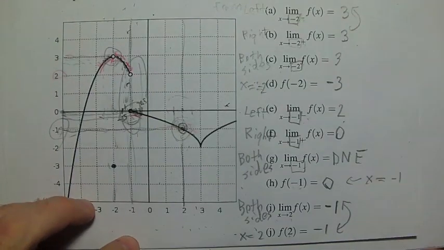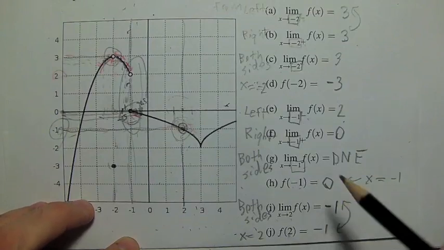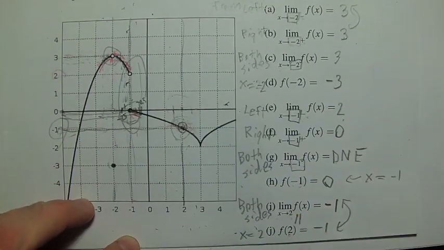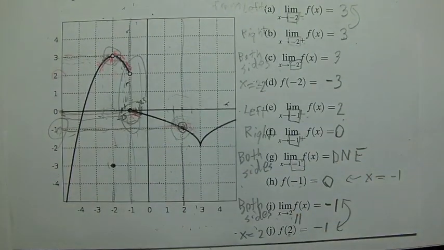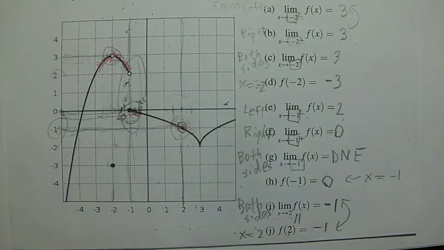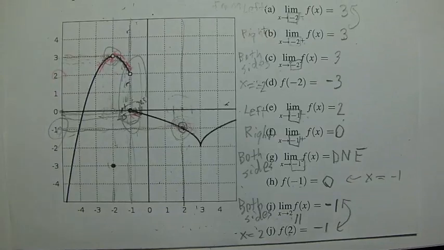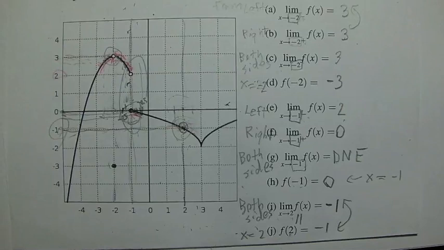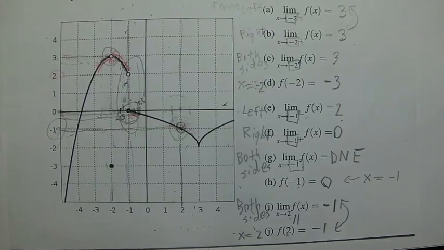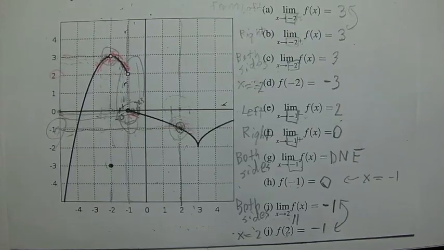Right? If a function is continuous, then f of 2 is going to be equal to the limit as x goes to 2. Okay. All right, so that is that example. Let's go on to talk a little bit more about some function properties and whatnot.